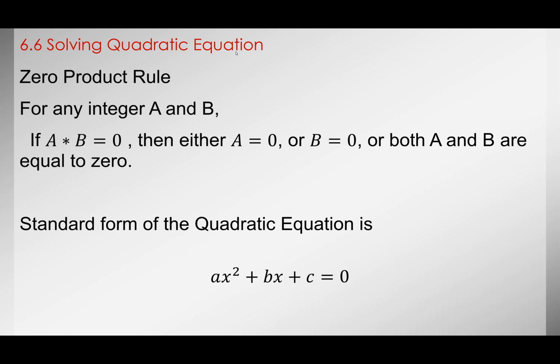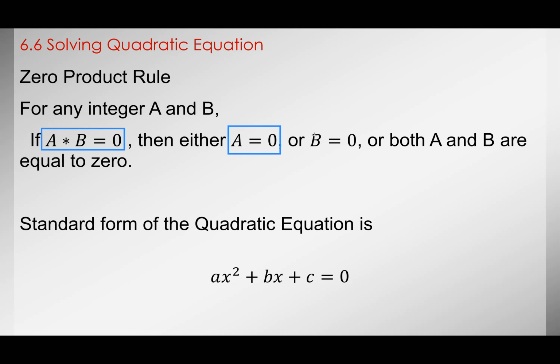This rule only tells you that if a multiplied by b is equal to 0, then either a is equal to 0, or b is equal to 0, or both a and b are equal to 0.